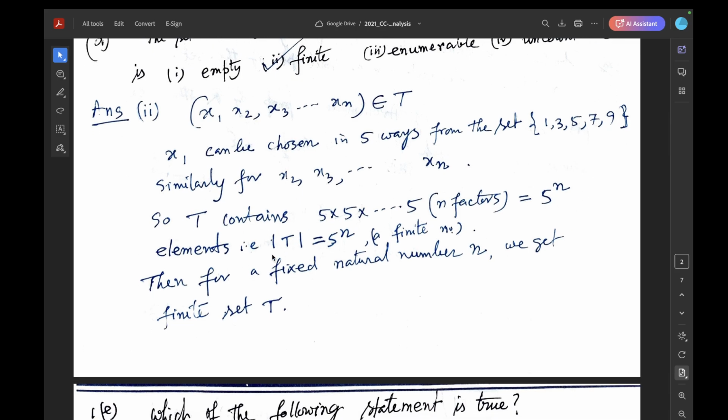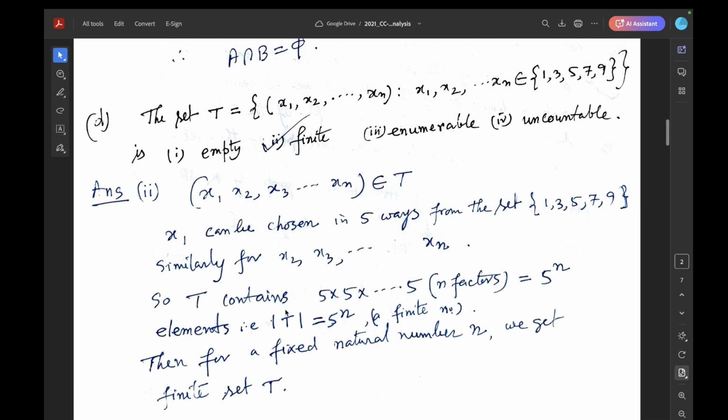That is, the cardinal number of T is 5 to the power n, which is a finite number. Then for a fixed natural number n, we get a finite set T. So the correct option is 2, finite.